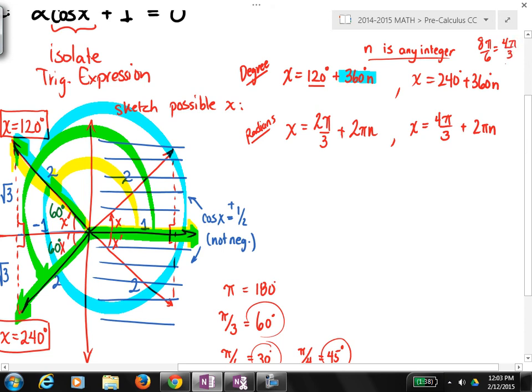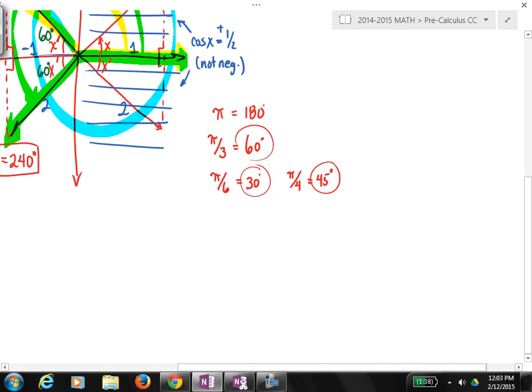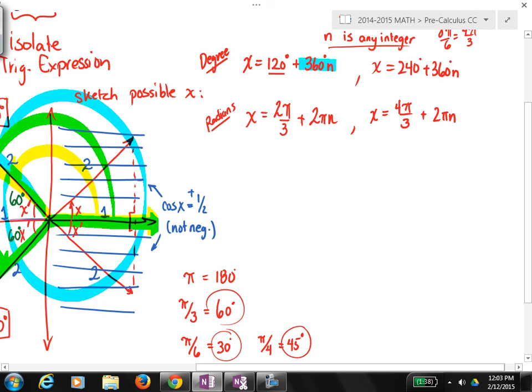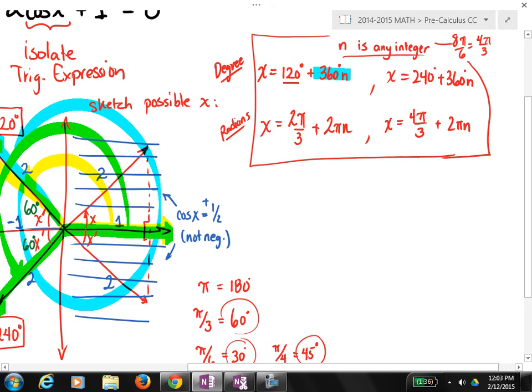So that's why when I say think of these multiples down here, the 60, 30, and the 45, is always think of the largest one. That way you don't have to reduce. All right, so here would be my answers for this problem right here. And again, the only difference here is that extension of that plus 2 pi n.